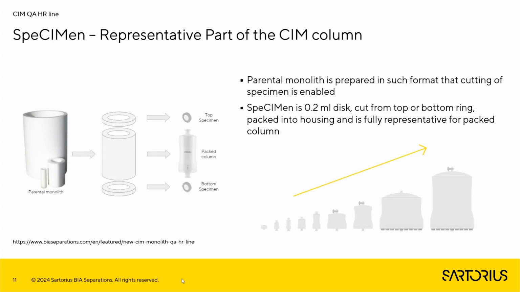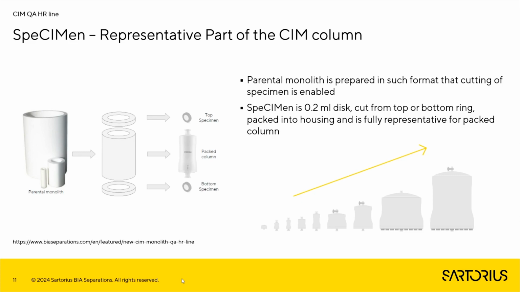Initially, our task was to create a representative specimen. First, we start with the polymerization and modification of the parent monolith, as seen on the left side of the slide. Then follows cutting a 0.2 milliliter disc from both the top and the bottom rings of the parent monolith. The monolith is finally encased within the housing of the CIMmultus line.